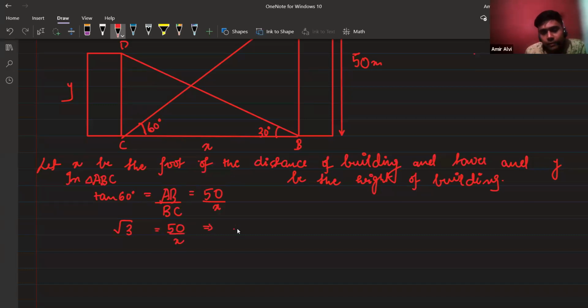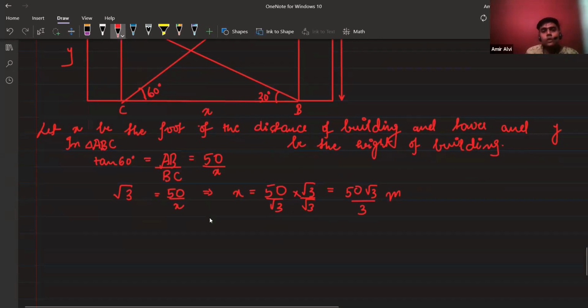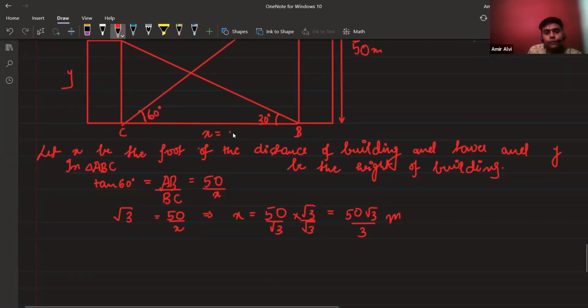So your x will be 50 by root 3. If you rationalize it, multiplying by root 3 upon root 3, it will be 50 root 3 by 3. Yes or no, everybody? Yes, sir. In meters. Clear? So now I have the value of x as 50 by 3 into root 3.